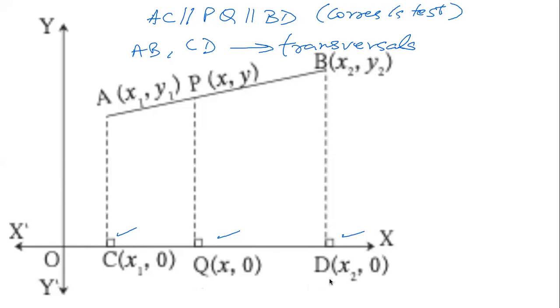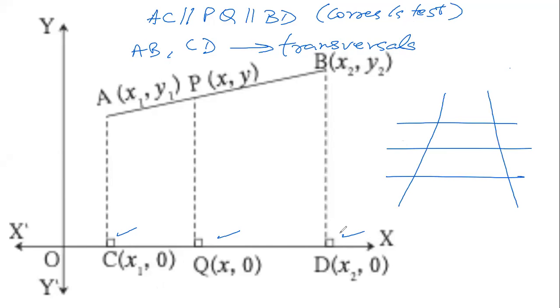What we saw when we revised the intercepts of parallel lines was a diagram like this, right? Now something has changed.